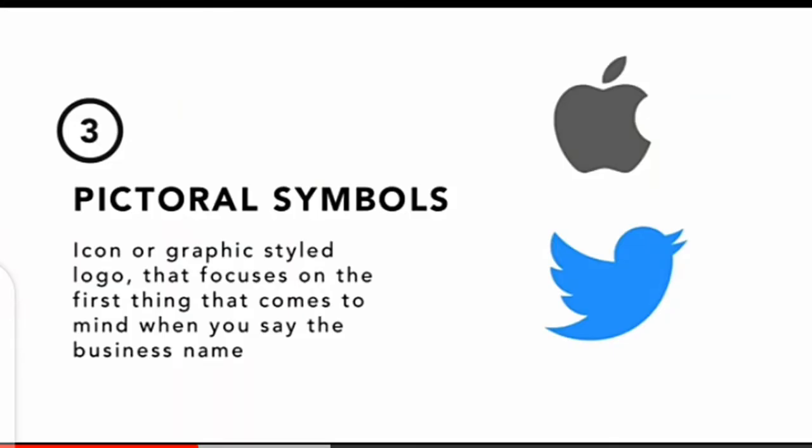So the next logo we have, which is the third one, is pictorial symbols. A pictorial symbol does not contain any type of letter, font or word. What a pictorial symbol looks like is just an icon or symbol of an object.